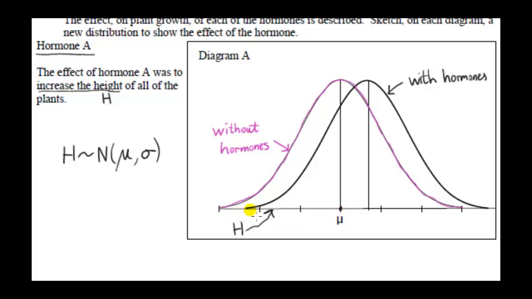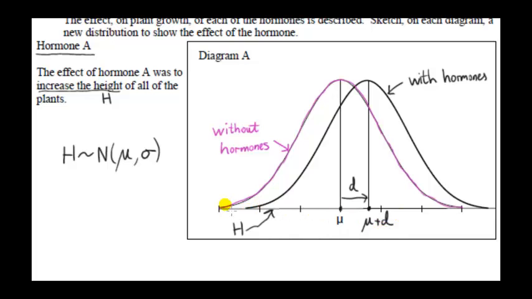So basically, the mean height is greater now after the hormone has been applied. So it's mu plus some number. Let's call it D. But the idea is that the distribution is still normal, but now it has a greater mean.